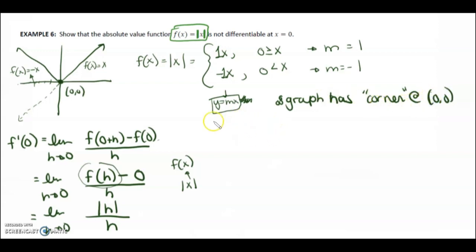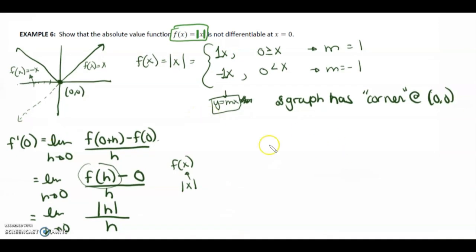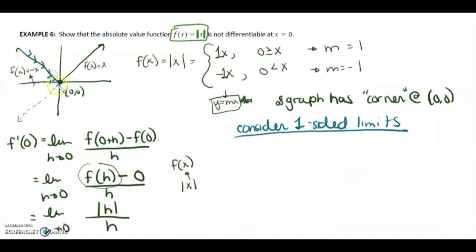So what we're going to do is, okay, so consider one-sided limits. We're going to consider the limit approaching 0 from the left, and then we're going to consider the limit approaching 0 from the right.